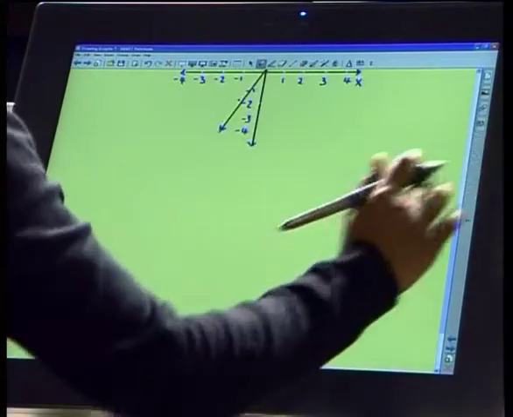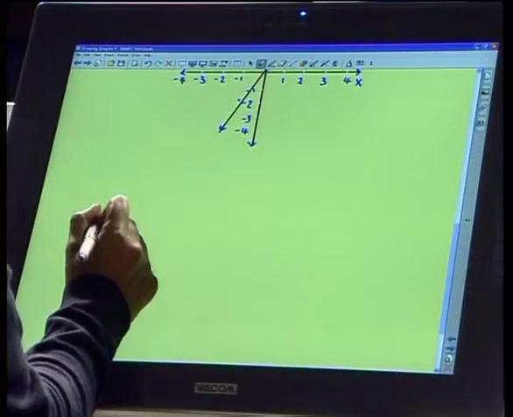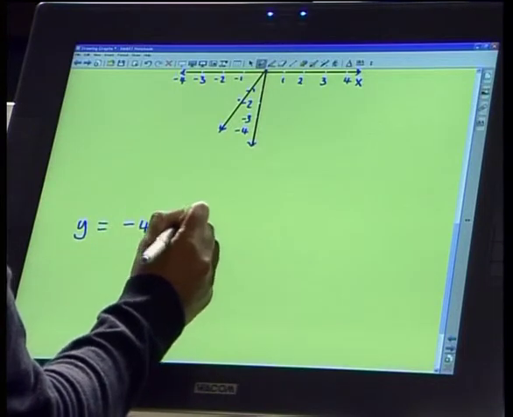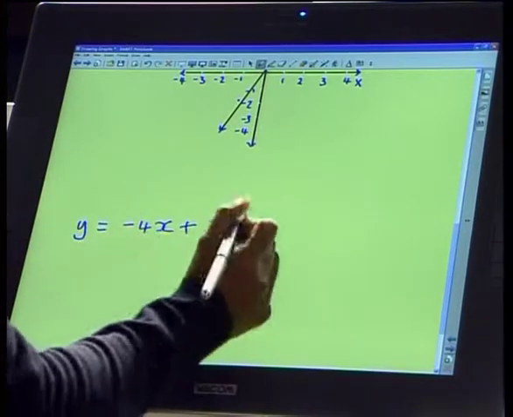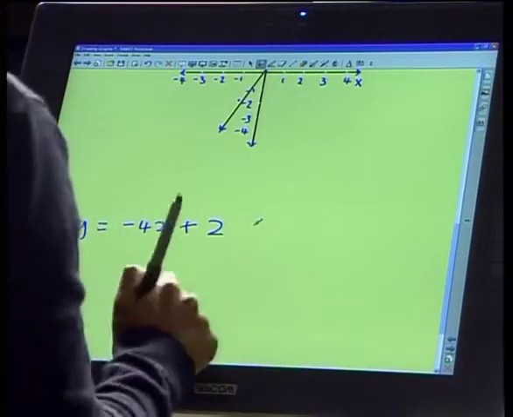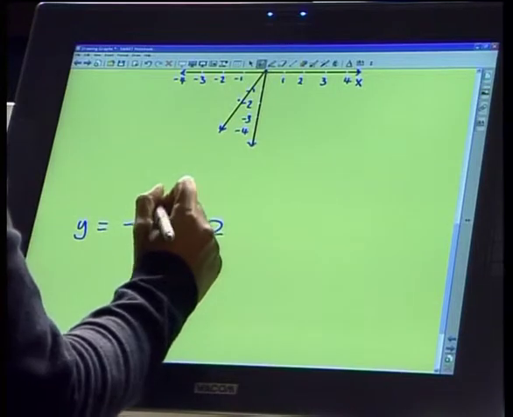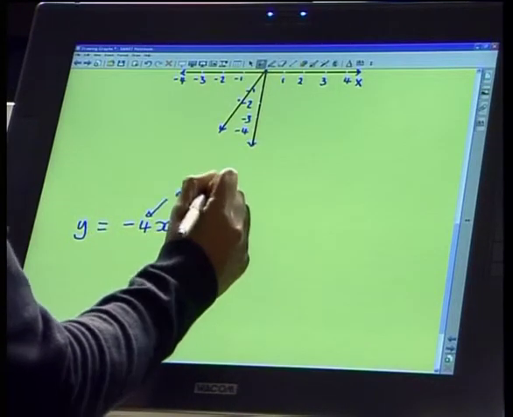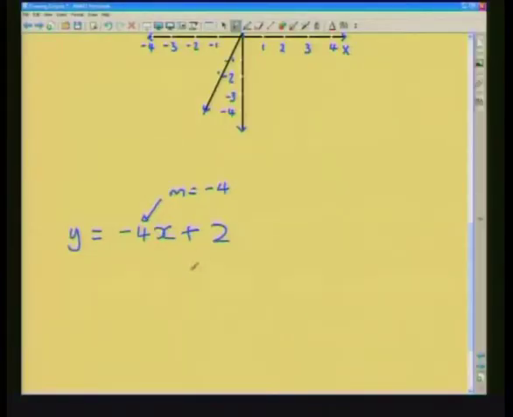Okay, so we have y is equal to minus 4x plus 2. Let's identify the specific parts in the standard form of our straight line. The value in front of the x, that's your gradient. Here we have the gradient has a value of minus 4.